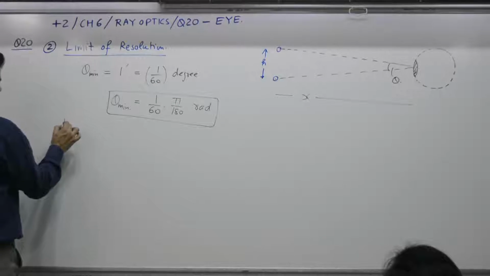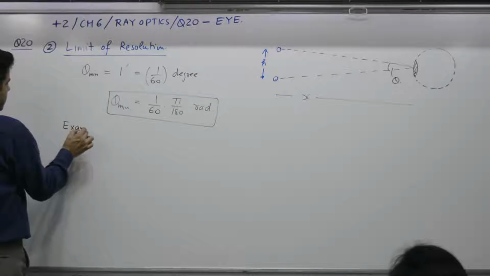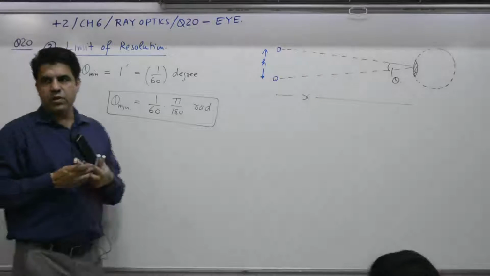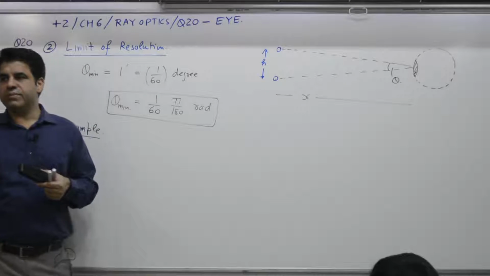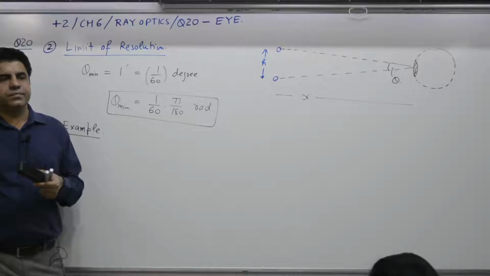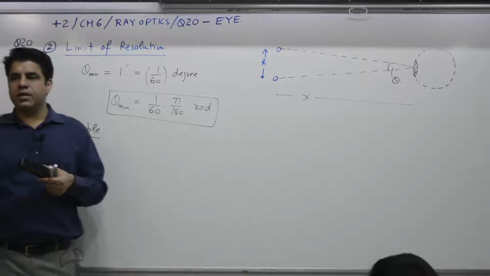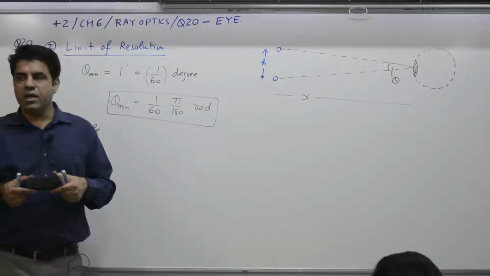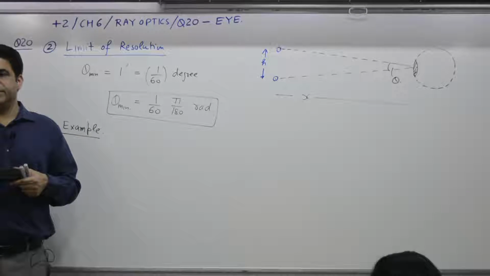To consolidate this, we take up one example. You can write the statement. Two objects are at a distance of 11 kilometers from the eye.